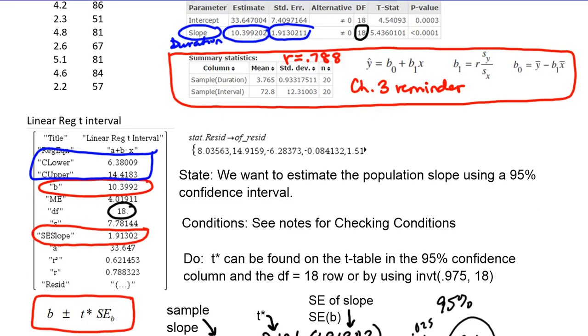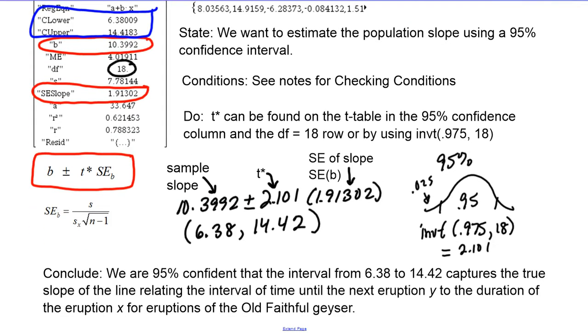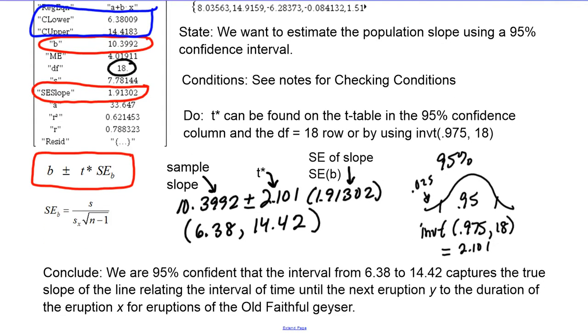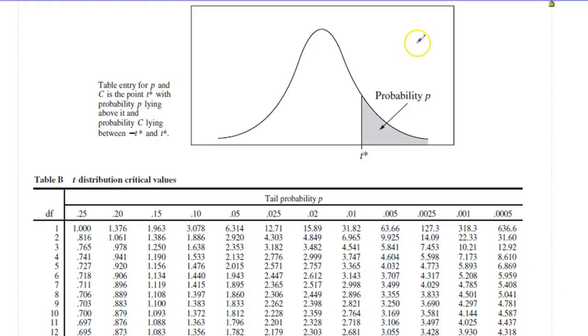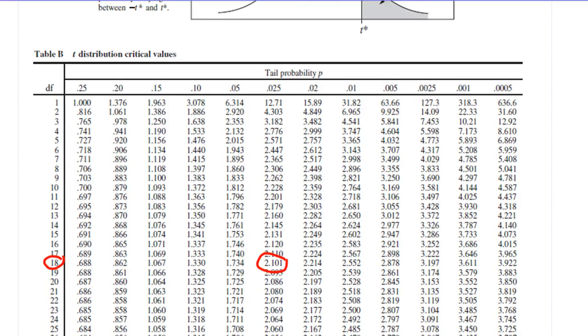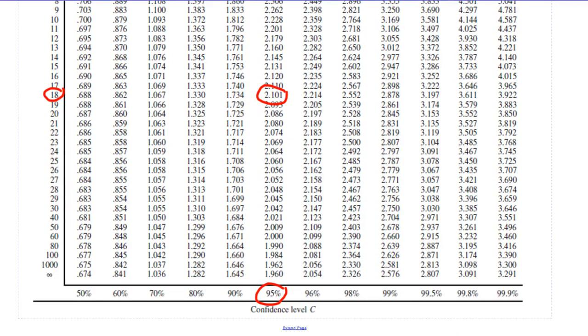Okay, now when we come down here then, how do we find the t-critical value? Well, if we look at a t-table, we want to look at the column for 95% confidence and the row for 18 degrees of freedom, and there's our t-critical value. Very simple.